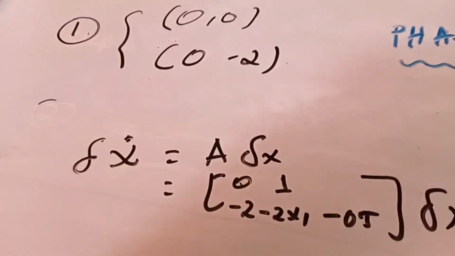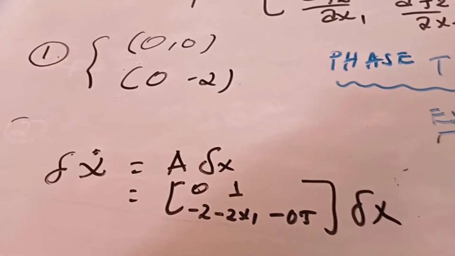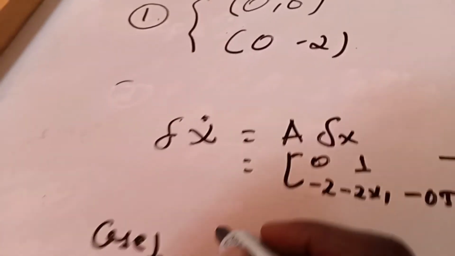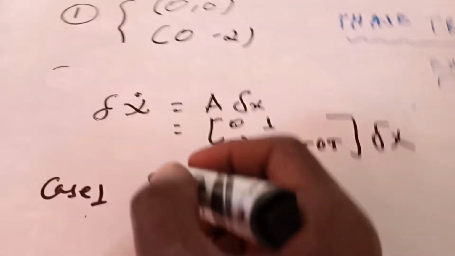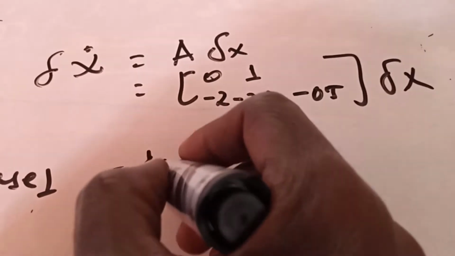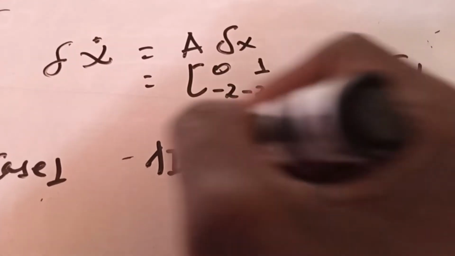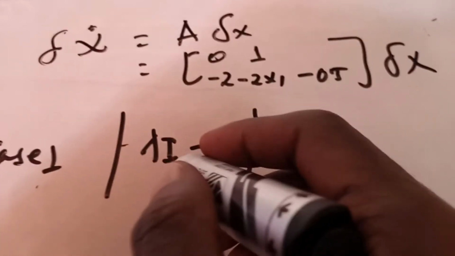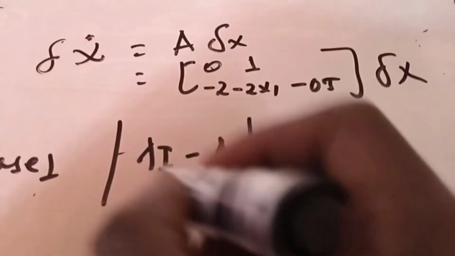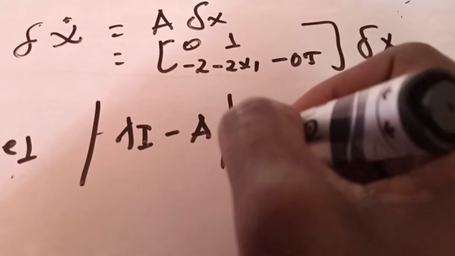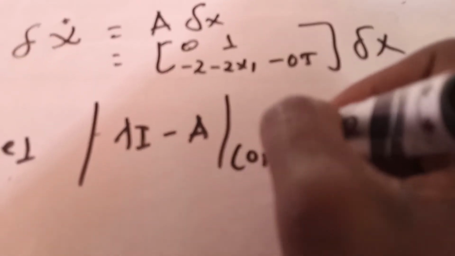So now I have to operate in two cases. Case one: the determinant of lambda I minus A, at 0, 0.